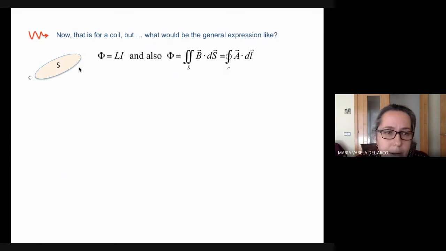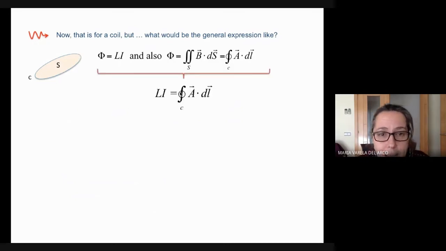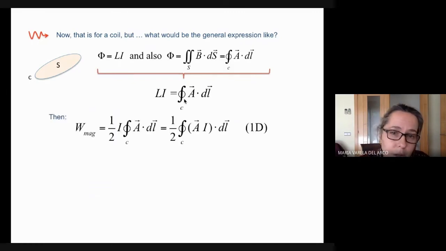In this case, the flux across my surface, if there is some intensity circulating, could be calculated as L, the self-induction coefficient, times the intensity. And also, the flux is going to be the flux of the magnetic field, or the circulation of the magnetic vector potential associated with this B along C. Now, if I make those two equal, I arrive at this expression, not difficult.